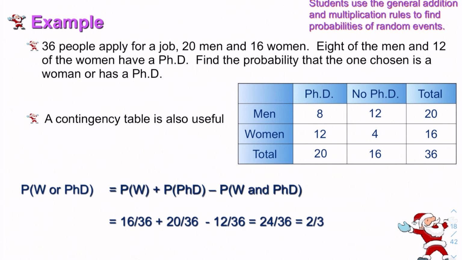Now, if we talk through those numbers, you can see where they came from, but it's better to visualize where these numbers are coming from. So again, a contingency table is also useful. Now, what do I mean? We want to know what's the probability of being a woman: 16 out of 36.